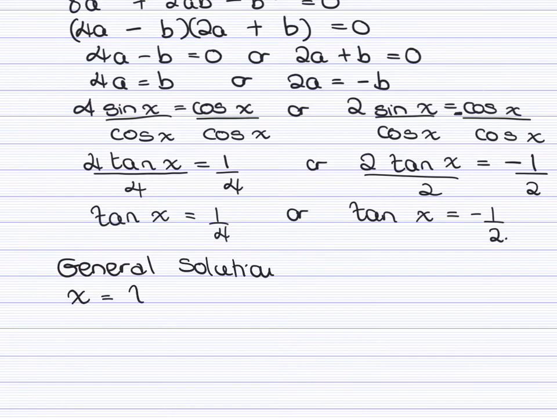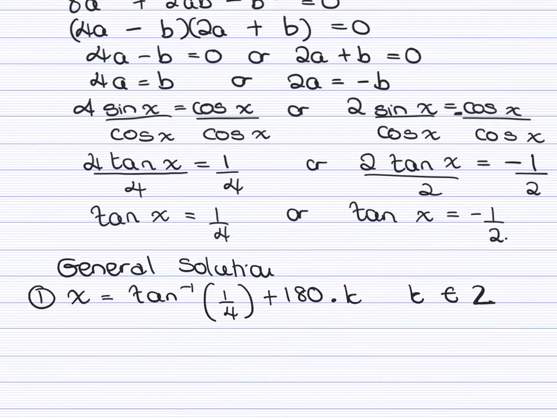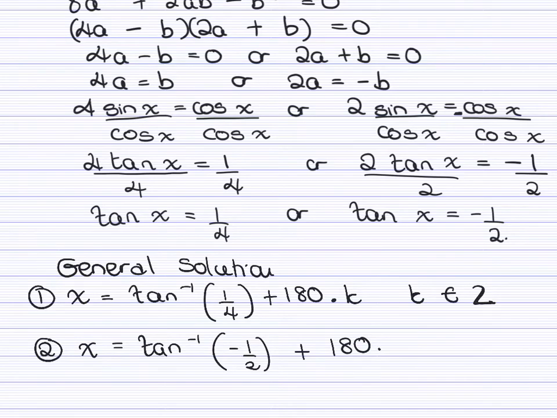X equals tan inverse a quarter plus 180 k, again k being an integer. I will call that equation 1. Equation 2, same process. Inverse tan both sides, negative half plus 180 k, k being an integer.